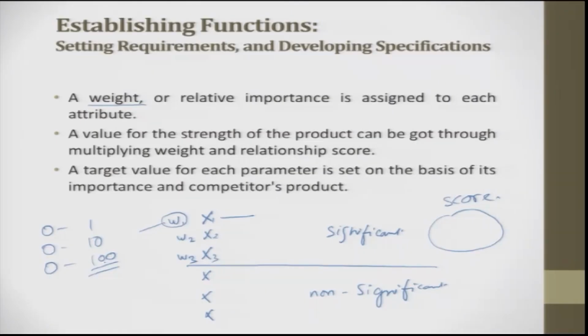So, now what is happening? You have found out the weightages. After finding these weightages, you have found out this is a very significant parameter. Fine. So, now what will you do? You will go to the market and find out who else is doing a similar product. Let us go back to the diaper example.